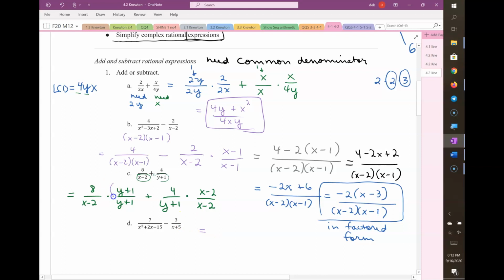So that's going to give me, distribute, 8y plus 8 plus 4x minus 8 over x minus 2 times y plus 1. Well, that's nice. The 8 cancel. And we have a factor of 4. So we're going to factor out the common factor of 4. And we get 4 times x plus 2y over x minus 2 times y plus 1.